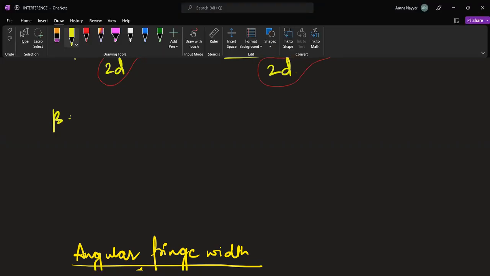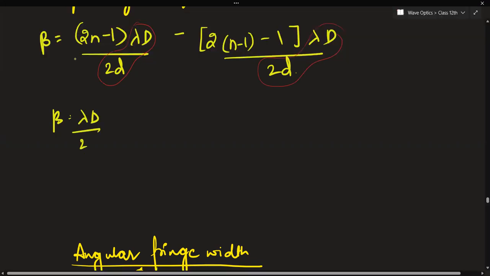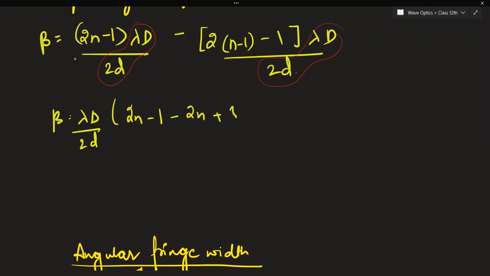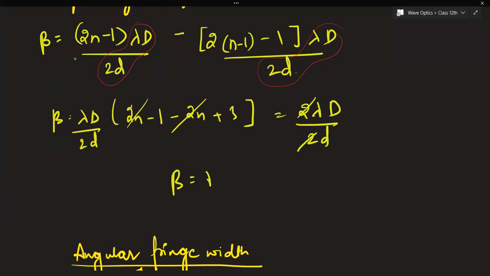So if you take common lambda capital D by 2d, what are you left with? 2n minus 1 minus 2n plus 3, no? Yes, so 2n gets cancelled. 3 minus 1 is 2. So 2 lambda capital D by 2d, 2 gets cancelled. Fringe width comes out to be lambda capital D by small d.